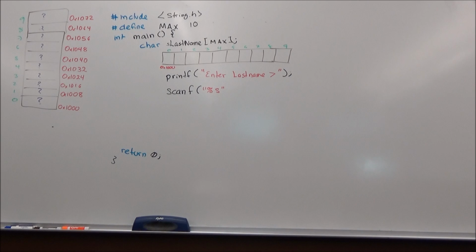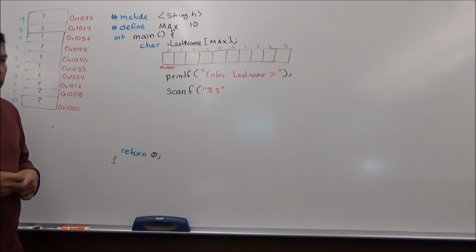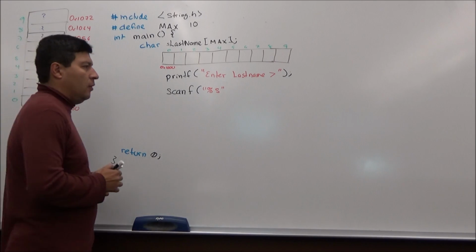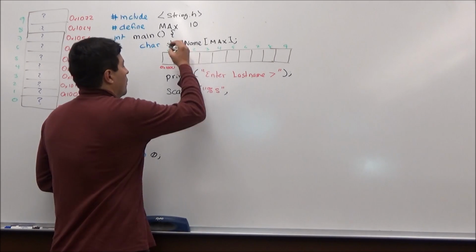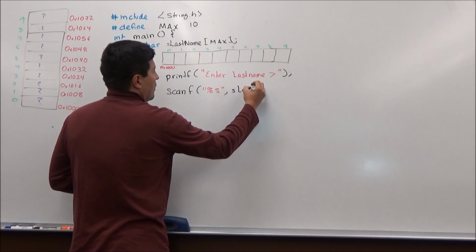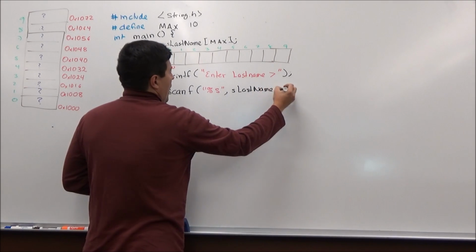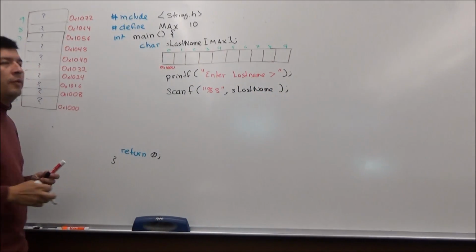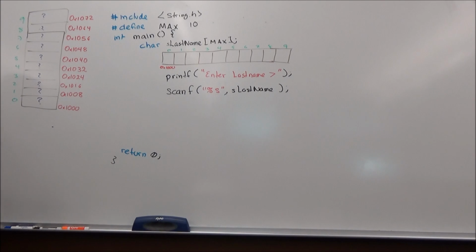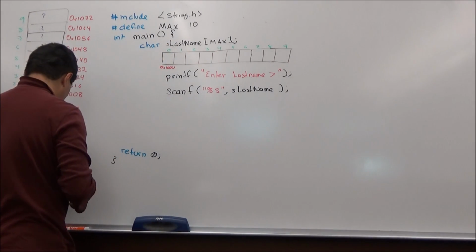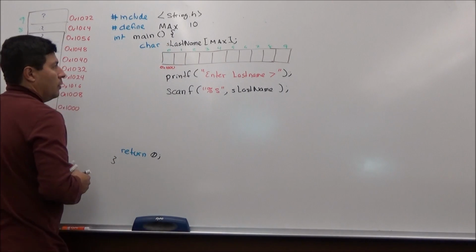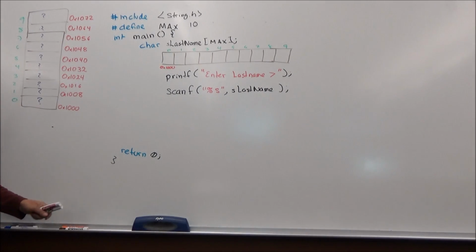So there are two ways, right? An array is a pointer. Remember, we can switch around when we make a method, we pass an array or we pass a pointer. So in this case, I can just pass the last name. And that will work, because that's a pointer to a character. Pointer is just an address. It's pointing to the first element of the array. All the arrays are pointers.